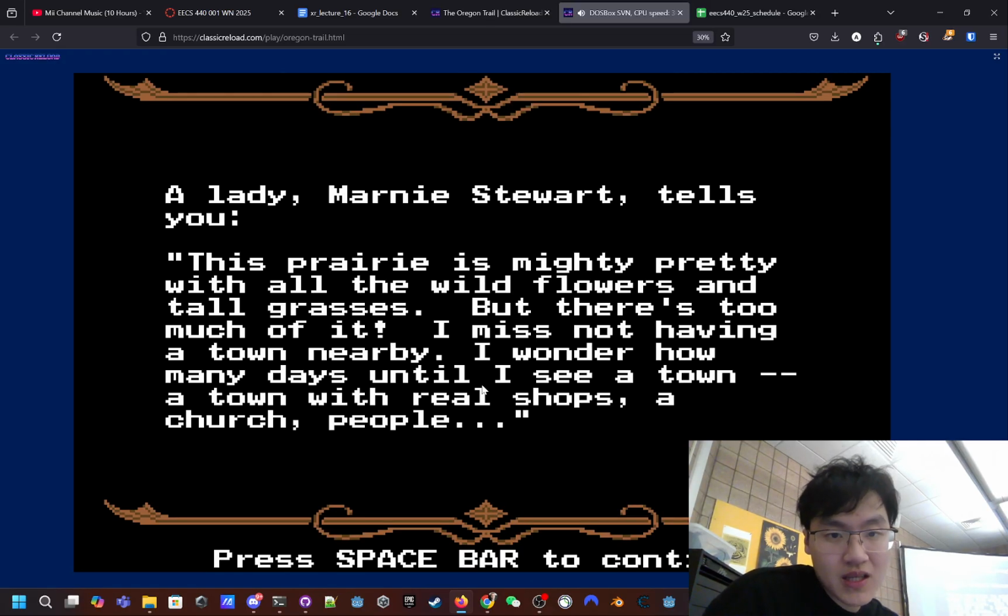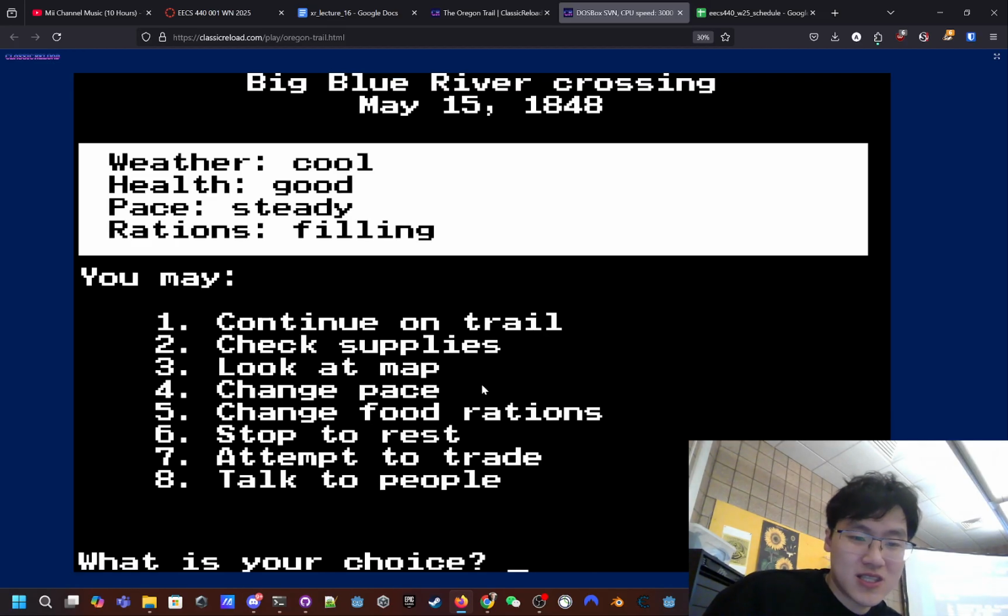A lady, Marini Stewart, tells you that this prairie is mighty pretty with all the wildflowers and tall grasses, but there was too much of it. I miss not having a town nearby. I wonder how many days until I see a town with real shops, a church. Okay, it's just chit-chatting.